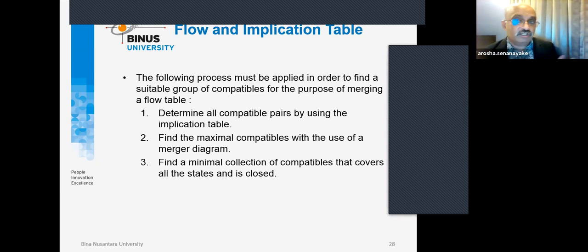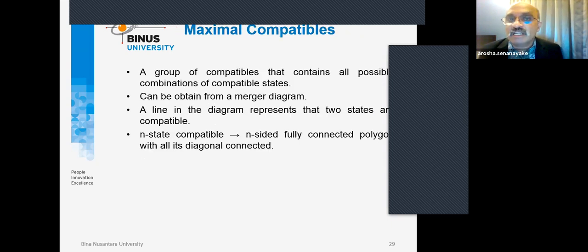It is the same as what you would have understood with Karnaugh maps. It covers all the states, but it should be closed. What is the meaning of closed? We will see. A group of compatibles that contains all possible combinations of compatible states can be obtained from a merger diagram.